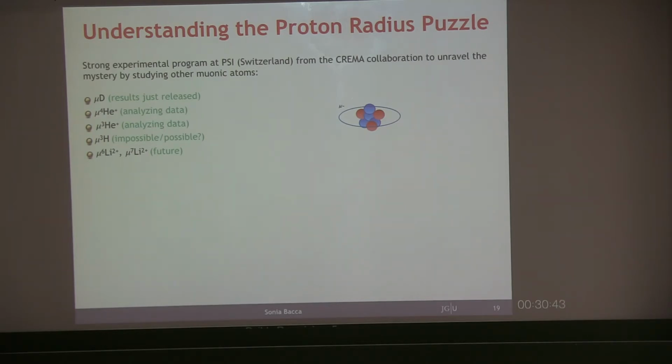Basically, whether this puzzle has a dependence on Z or N, proton number or neutron number. That was the whole goal. Now, the fact is that the muon, because it is much heavier than the electron, orbits much closer to the nucleus. So it is much more influenced by the nucleus than an electron is.